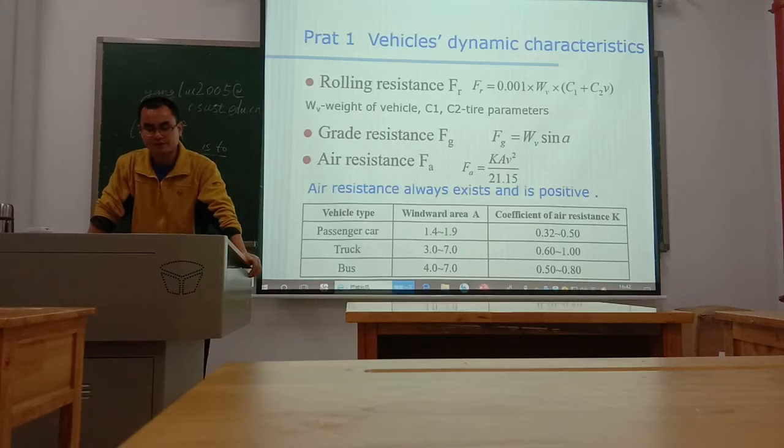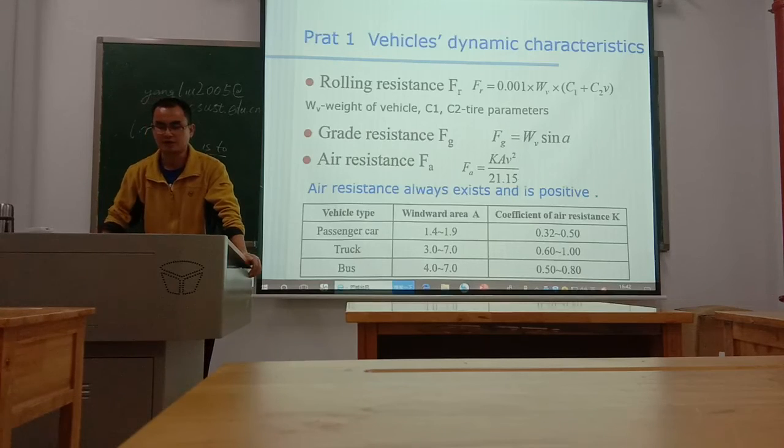Rolling resistance Fr. This is the calculation formula. Wb is the weight of the vehicle. C1, C2 are tire parameters.